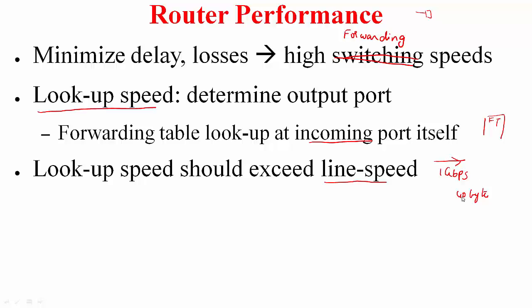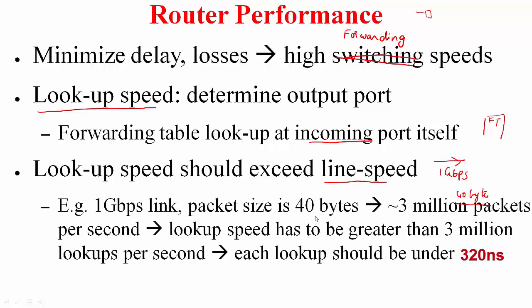Ideally, you want to finish the lookup of this packet before the next packet comes. If you don't finish the lookup of this packet before the next packet comes, then you are going to build up the queue and this is going to result in packet losses. So for this particular case where you have an input line speed of 1 Gbps and 40 byte packets, how much should your lookup speed be?